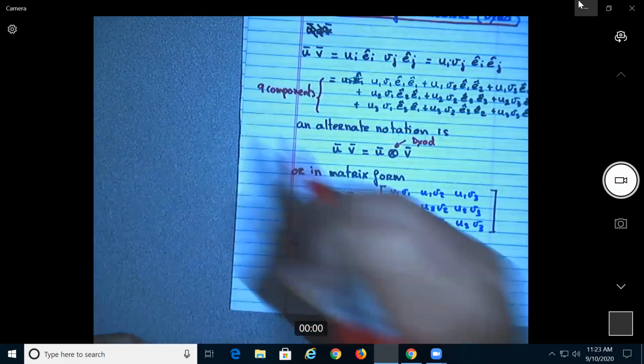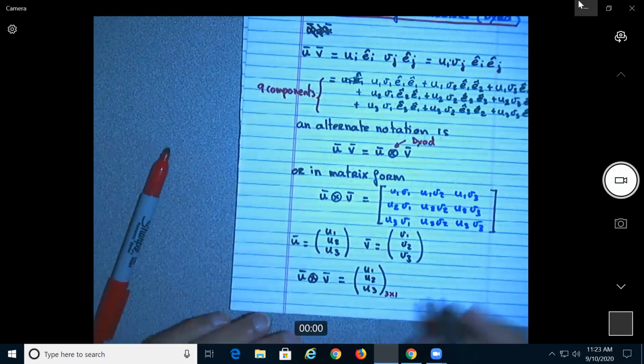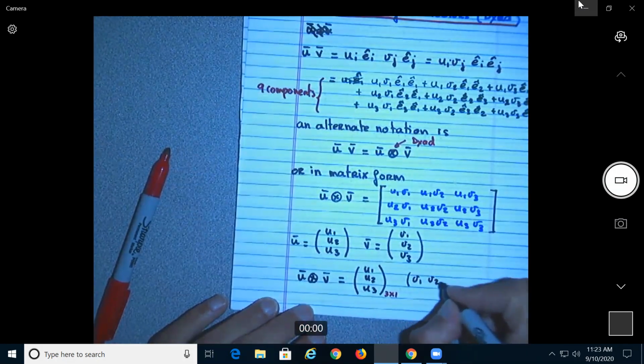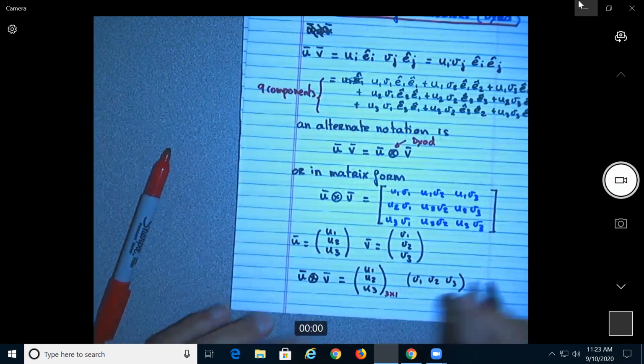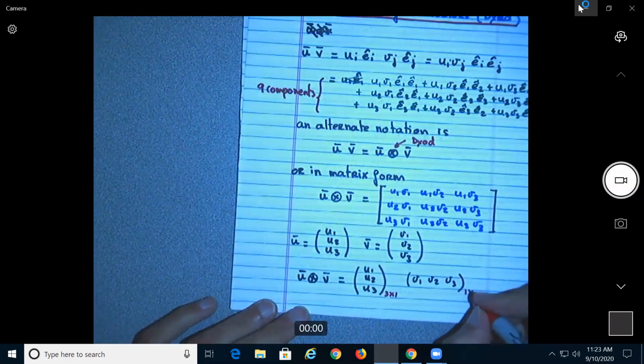This matrix is 3 times 1, times v1, v2, v3, where this matrix is 1 by 3.